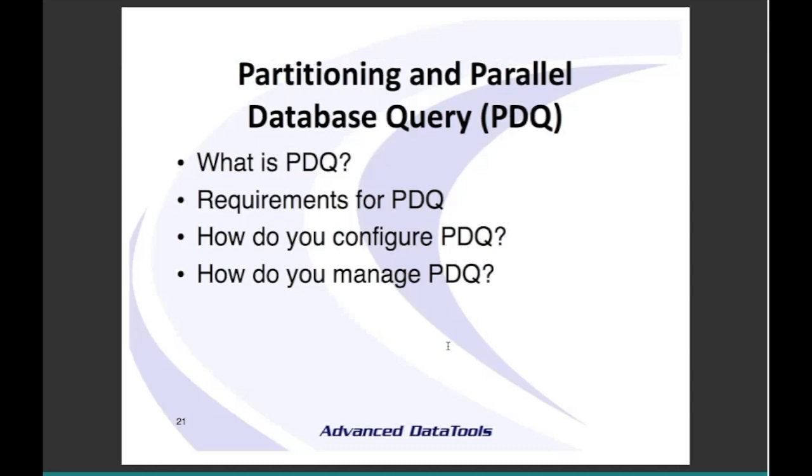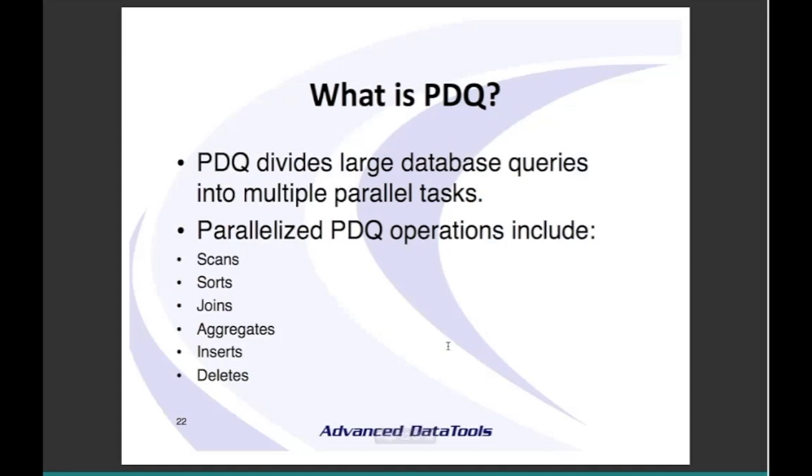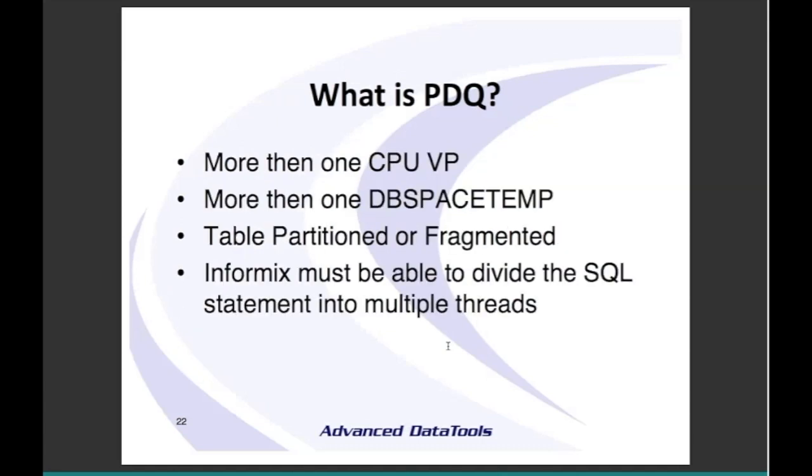So PDQ takes any large query, scans, sorts, joins, and divides it into multiple threads or multiple tasks. And in order for it to work, you have to have more than one CPU VP. You need one or more temp DB space, and then the table you're reading needs to be partitioned or fragmented. And then Informix can divide the SQL.